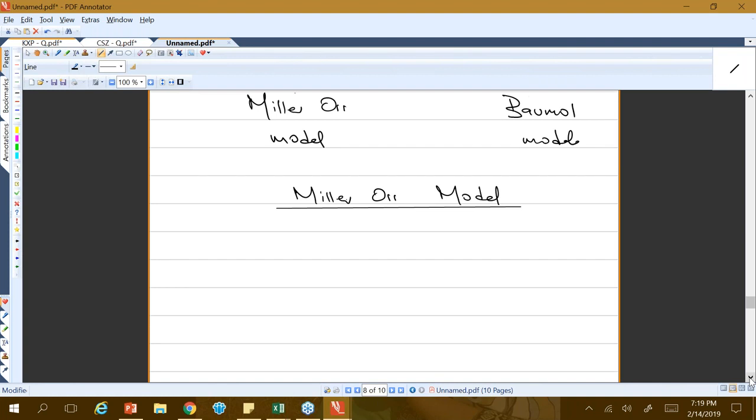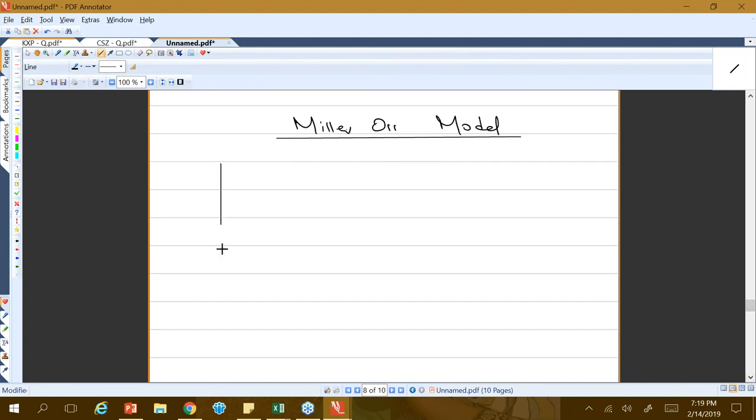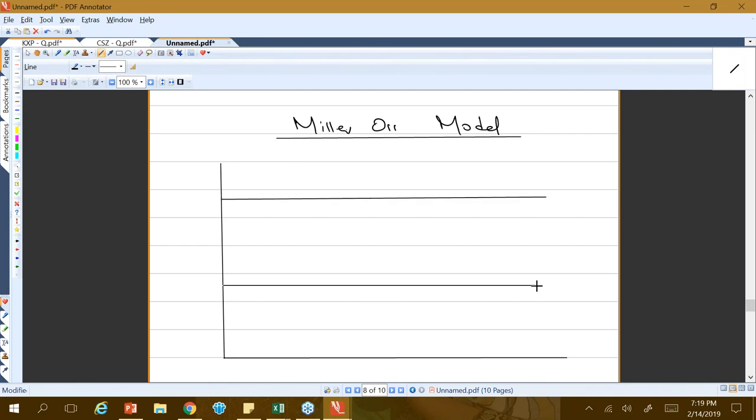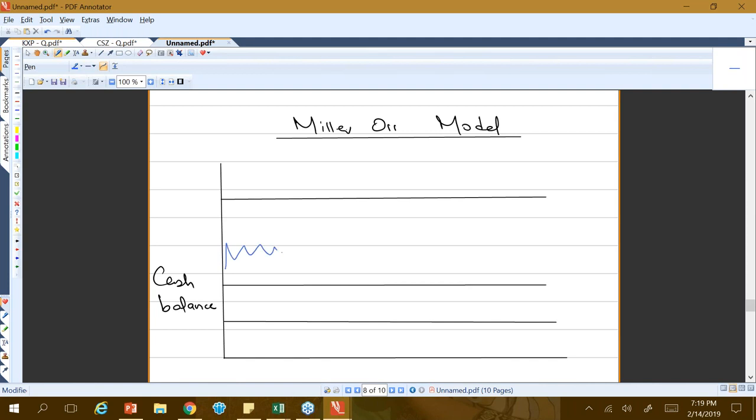In the Miller-Orr model, I can explain it here using a bit of a diagram. This is your cash balance, and this cash balance goes up and down.